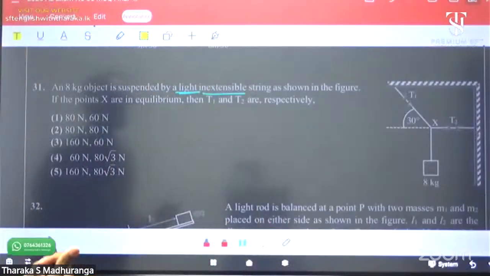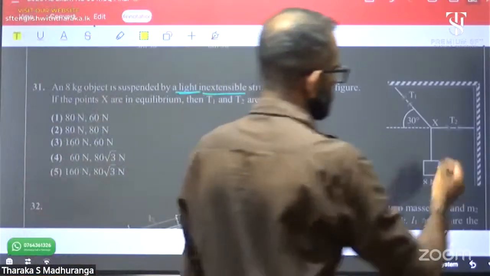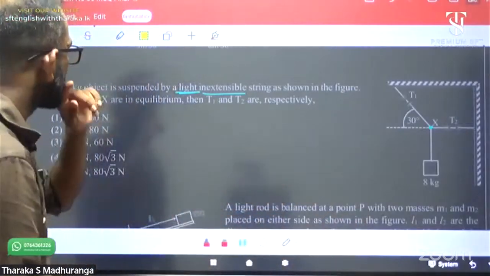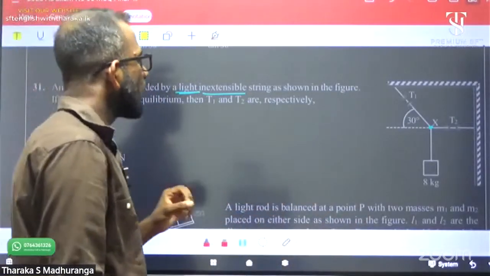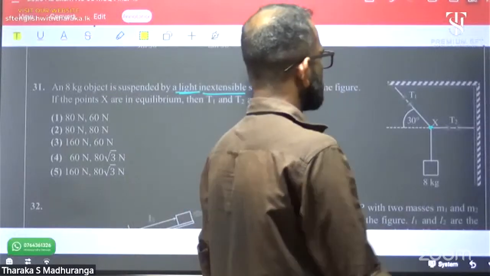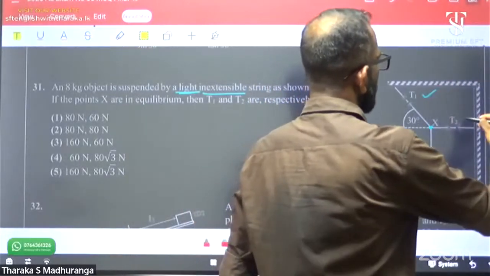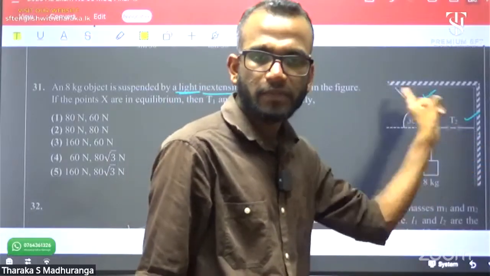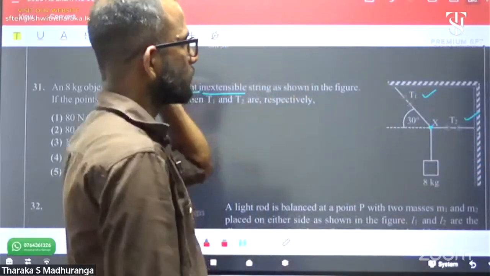If the point x is in equilibrium, then T1 and T2 are respectively, what is the value of T1 and T2, the tensions of those strings?